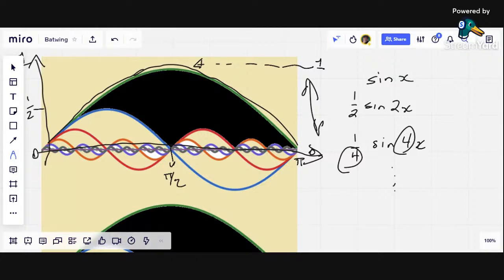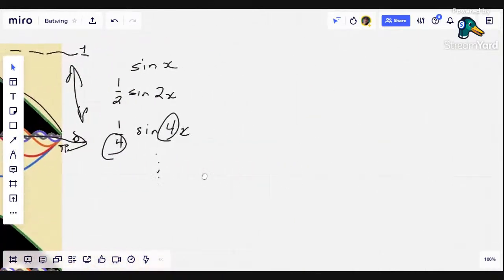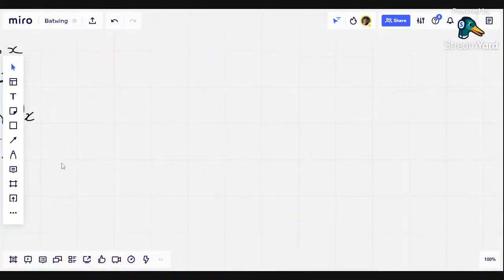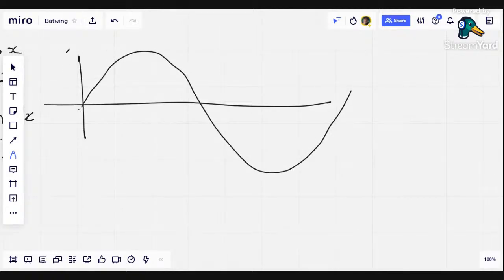Okay, so let's do this. First of all, let's forget all the interesting parts and let's just do this sine wave here. We've got from here to here a sine wave. That's one here, that's zero here, and sine x goes from 0 to 2 pi, and there's pi there.